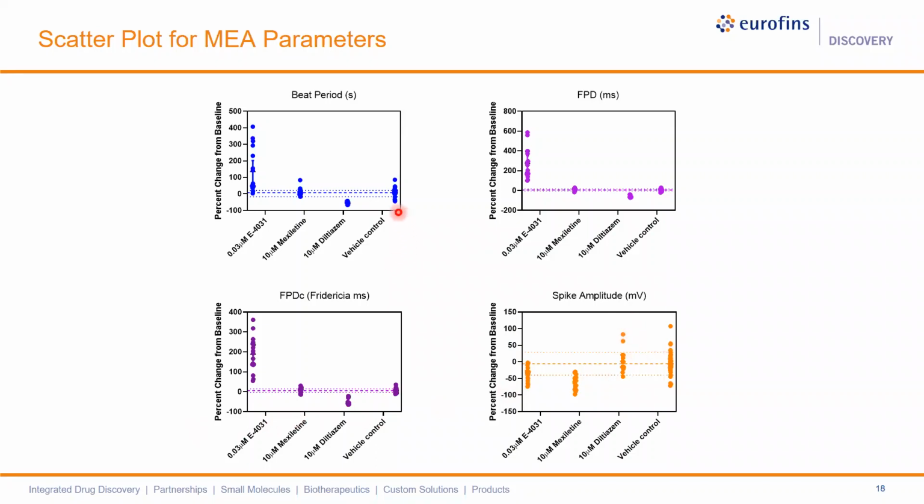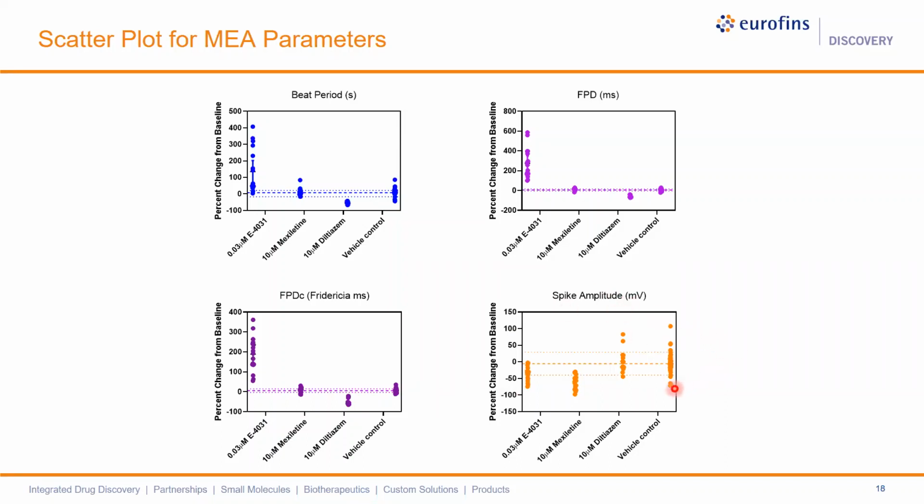And the vehicle control, more or less the same, except in the spike amplitude, we do see some scattering because we used to change the media and immediately measure within 30 minutes. And that used to have some scatter in the vehicle spike amplitude.